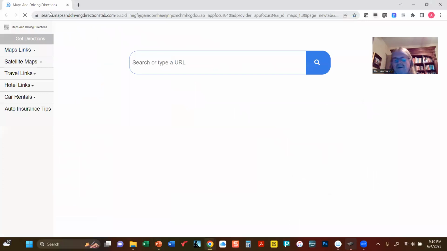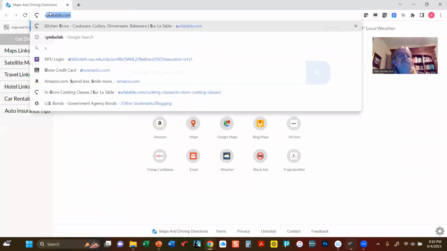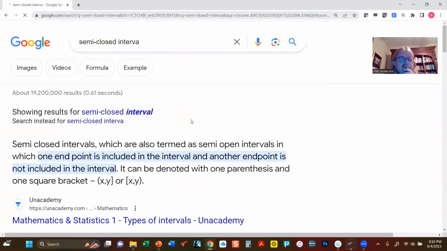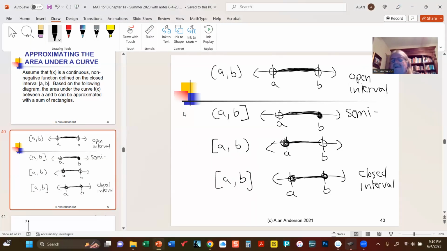Let's just check it out. Yeah, it doesn't really matter. All right, we'll call it semi-closed. How about that? It just means that one side is open and one is not.